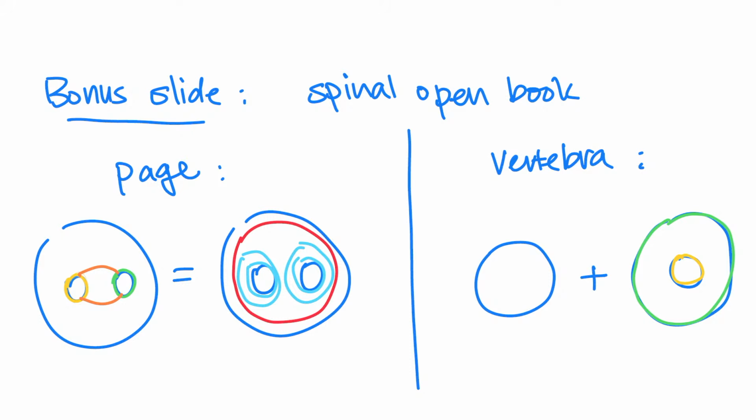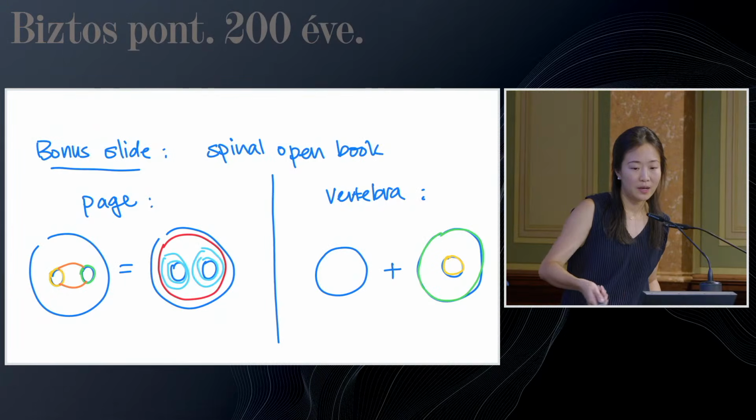This additional picture is just to tell you that sometimes we are able to find a regular open book for a spinal open book, substituting the boundary interchanges. And here you can actually see, so this is still not a regular open book, even though you don't see boundary interchanges anymore, where the pages are just represented by this monodromy, because the vertebra is still non-standard.